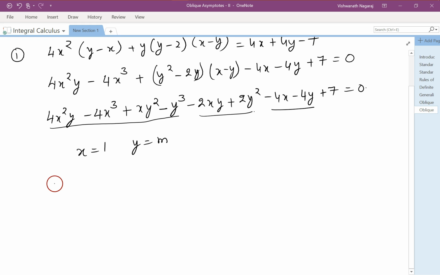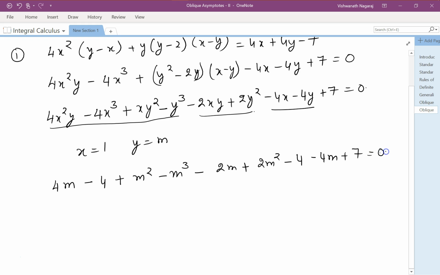So when we do that, what happens? 4m − 4 + m² − m³ − 2m + 2m² − 4 − 4m + 7 = 0.